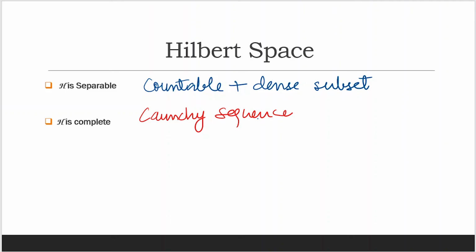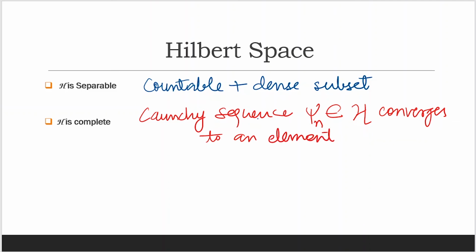For every space there exists a Cauchy sequence which follows this: there exists a sequence xi n belonging to the Hilbert space which converges to an element of that space.